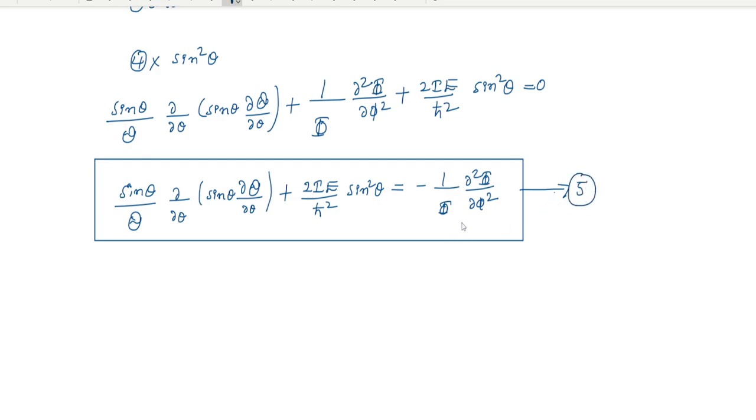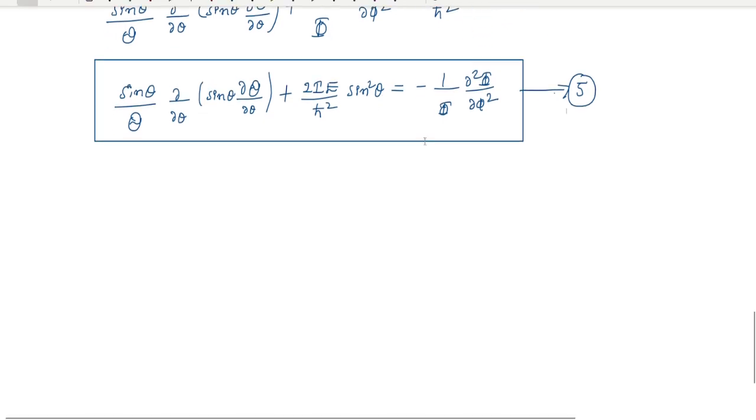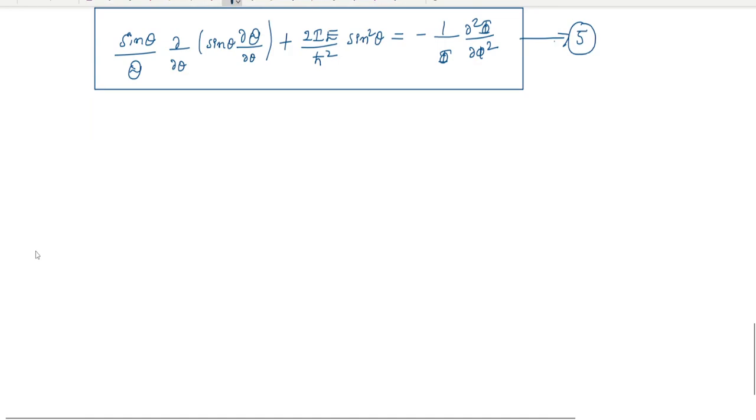In this equation, the right hand side is a function of theta alone, while the left hand side is a function of pi alone. If this equation is to be satisfied, both sides must be equal to the same constant. Then I'm going to use the constant m square.